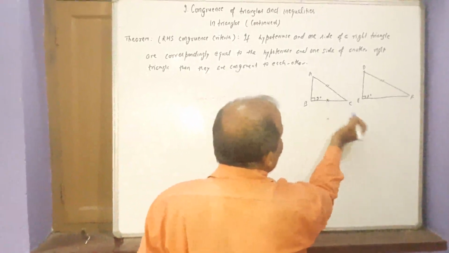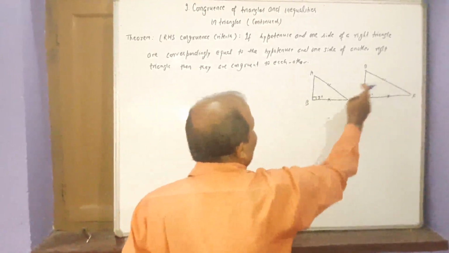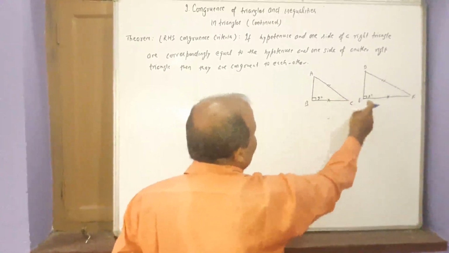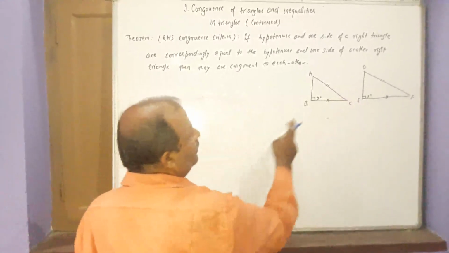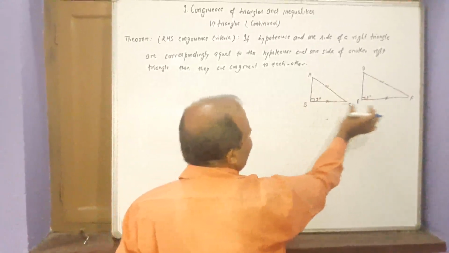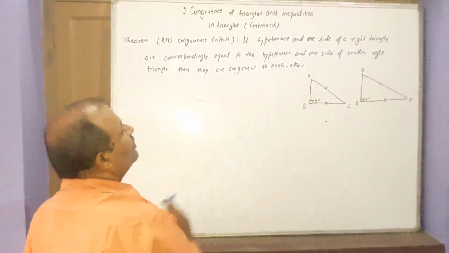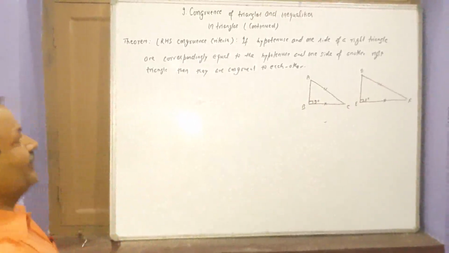Here we take BC is equal to EF. These are the two right triangles because angle B and E are 90, whose hypotenuses AC and DF are equal and one side BC is equal to EF. Then we have to prove that these two triangles are congruent to each other.